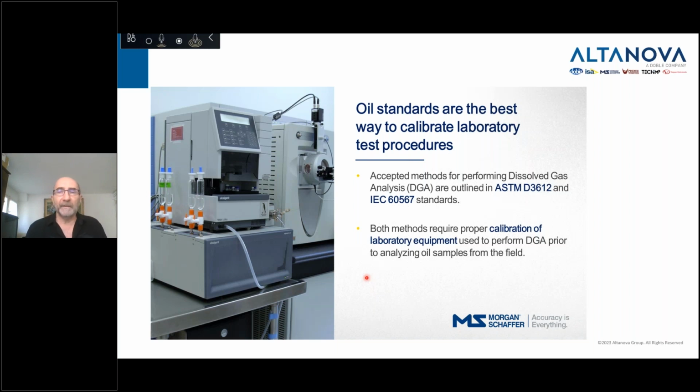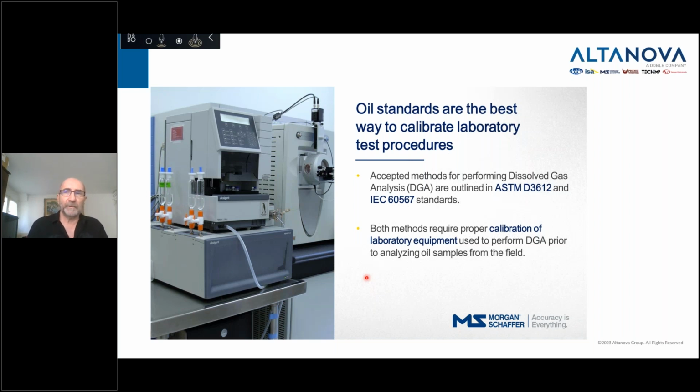In the ASTM D3612 or the IEC 60567, they really specify what kind of gas in oil standard can be used and how to use them in the GC. So by sending a sample with a specific concentration of gas in the oil to a lab and getting the result, you will know very rapidly how good that lab is from an extraction point of view.